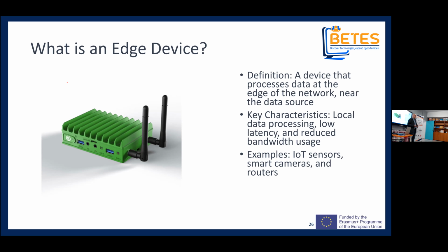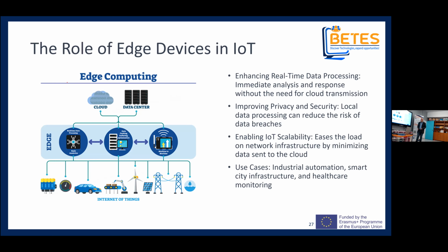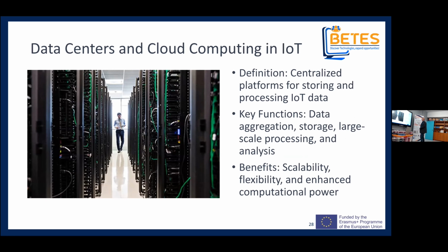There is a lot of bottleneck there. So edge devices pre-process the data before they reach the data center. They don't upload all data to the data center. They upload only the necessary data.